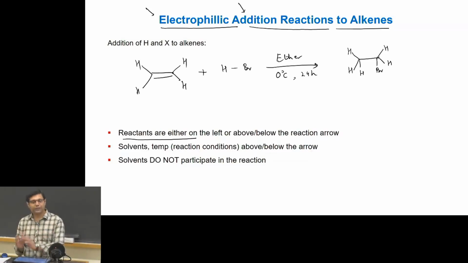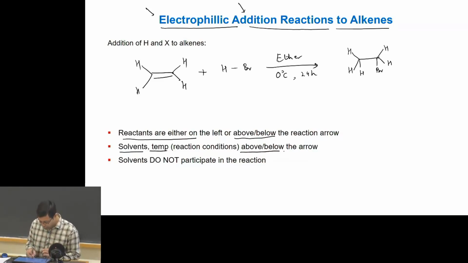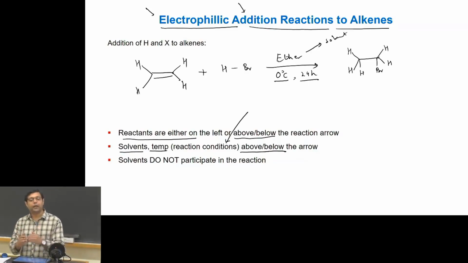But sometimes you can see the reactants written above or below the reaction arrow. Solvents, temperature, reaction conditions like time of the reaction are always written above or below the reaction arrow. They're never written on the left side of the arrow. Reaction conditions are never written on the left side of the arrow. So if you take a look at this reaction, ether is the solvent in the reaction. Temperature and time is mentioned below the arrow.